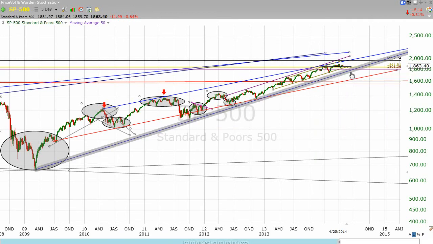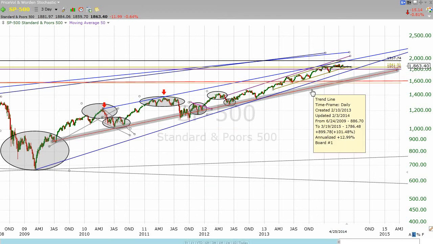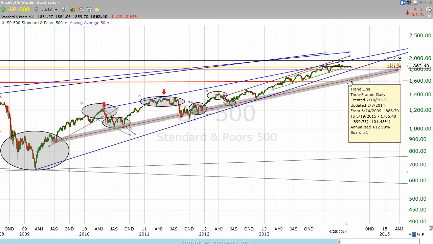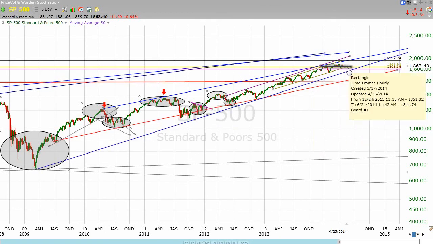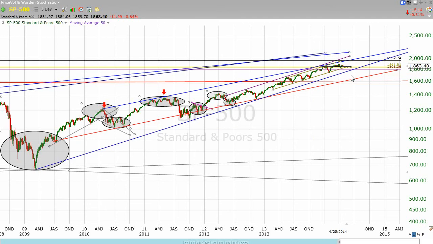But that would be the line where if we get underneath that, then I would start to say, okay guys, this does not look good. But even then, I don't think it's for sure until we set a low that is significantly underneath our previous low.